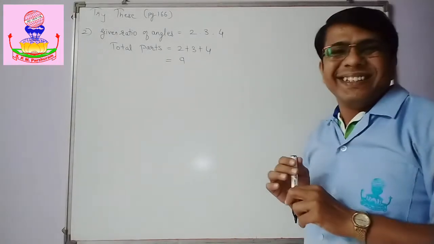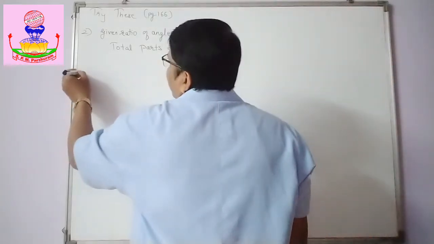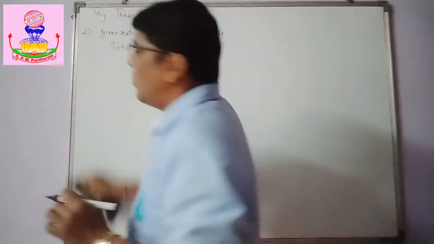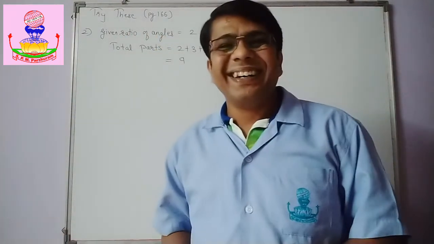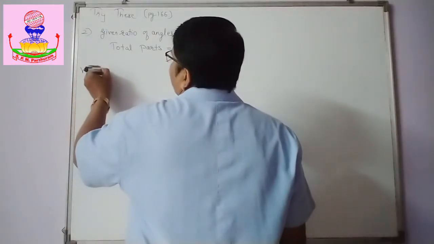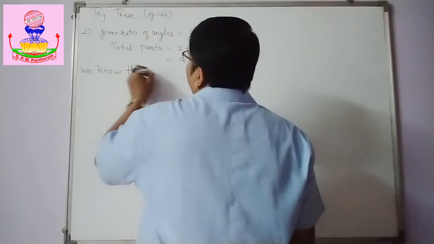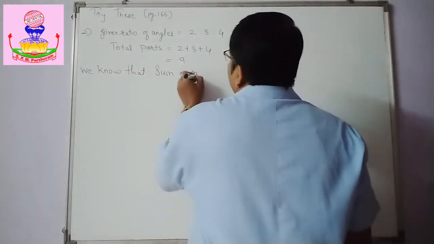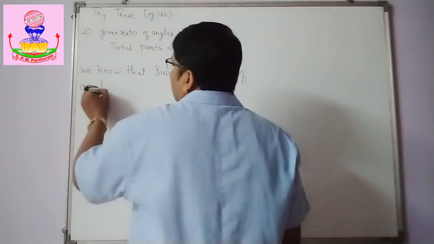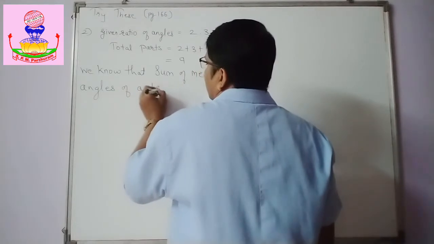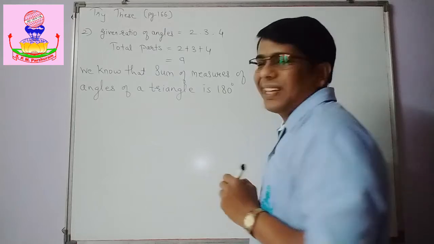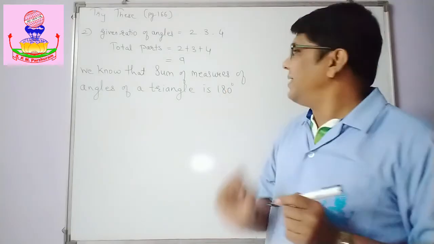Okay, so 9 parts. Now, the first thing you should mention here: what is the sum of measures of angles of a triangle? Oh yes, of course, it is 180. We know that. Sum of measures of angles of a triangle is 180 degrees. Okay, so total we know it is 180, right?